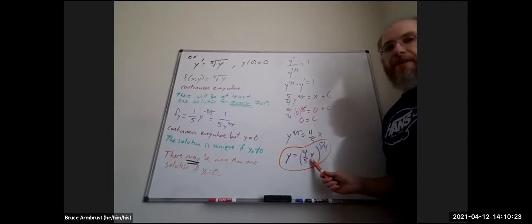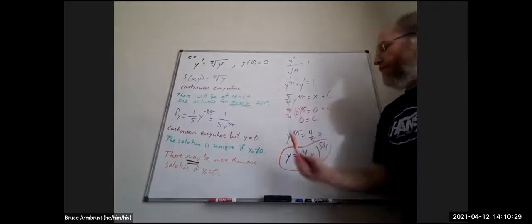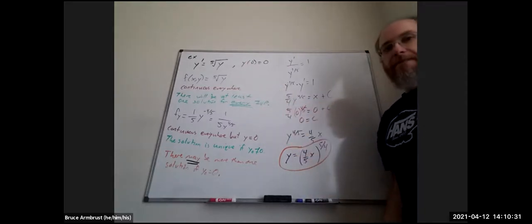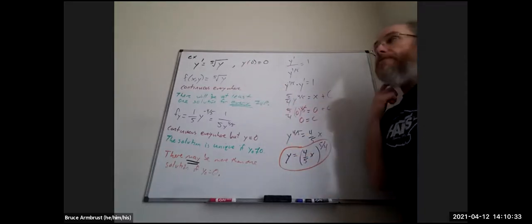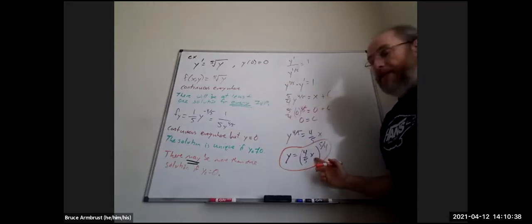If you take its derivative, and then you set that equal to the 5th root of this, you get exactly the same thing. And it passes through the point (0, 0). You can see that pretty easily.